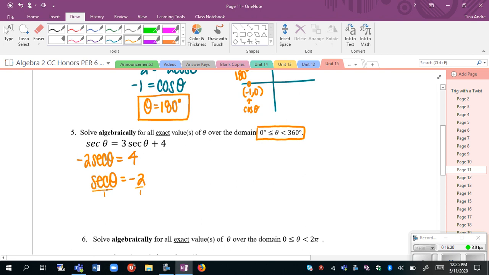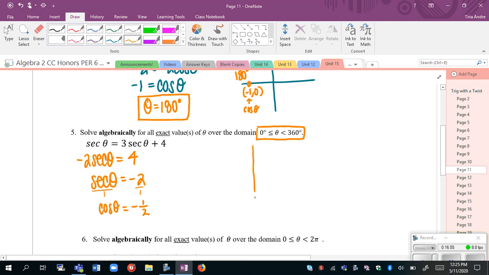I like to just flip it and say, well, this is equal to cosine of the reciprocal of this. So -1/2. Since cosine is equal to 1 over secant, or secant is equal to 1 over cosine, if you just flip the numerator and the denominator, that's equal to the reciprocal. So that's a little bit easier, I think, to then just think about cosine again.